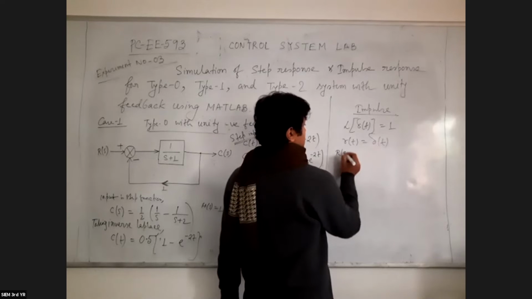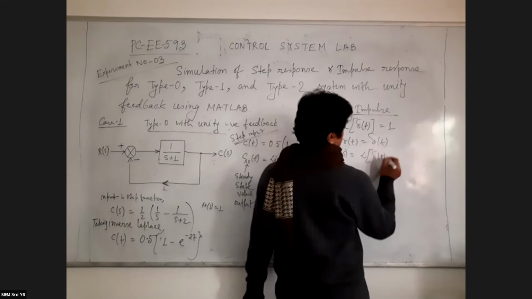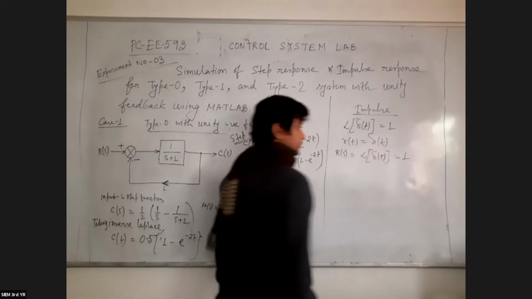So R(s), the Laplace transform of delta, is equal to 1.